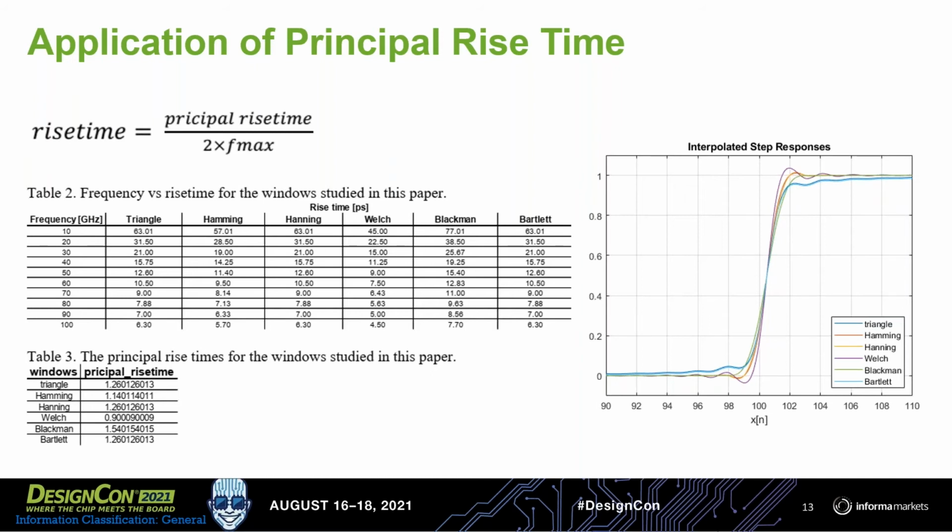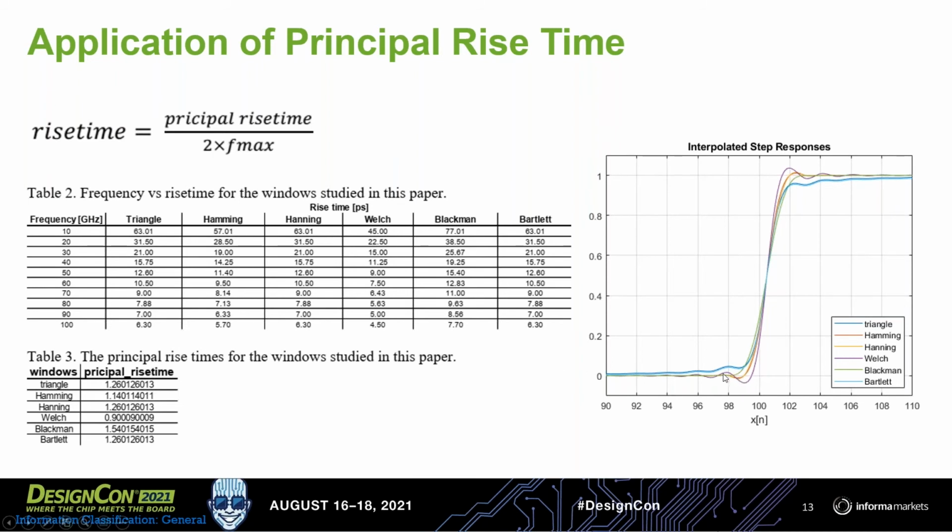We also should consider what these step functions look like when you are plotting an S-param, an impedance profile, or a step response, because you can end up with some artifacts that you may not want in your time domain. That's why I have this shown here.